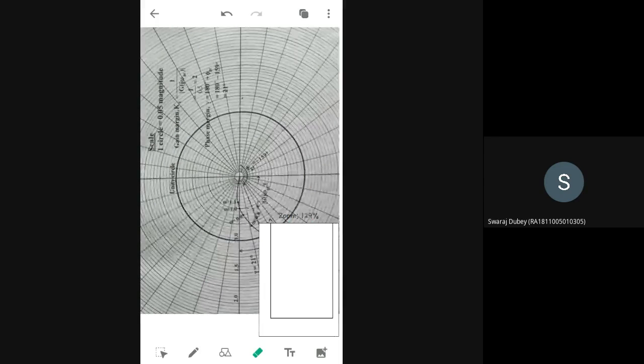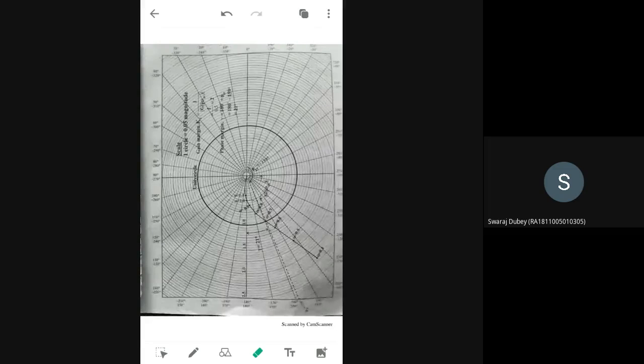Now you can see some angle markings they have made. So whenever you buy this graph sheet in your shop, it will also have the same markings. Each and every radial line corresponds to a phase angle.